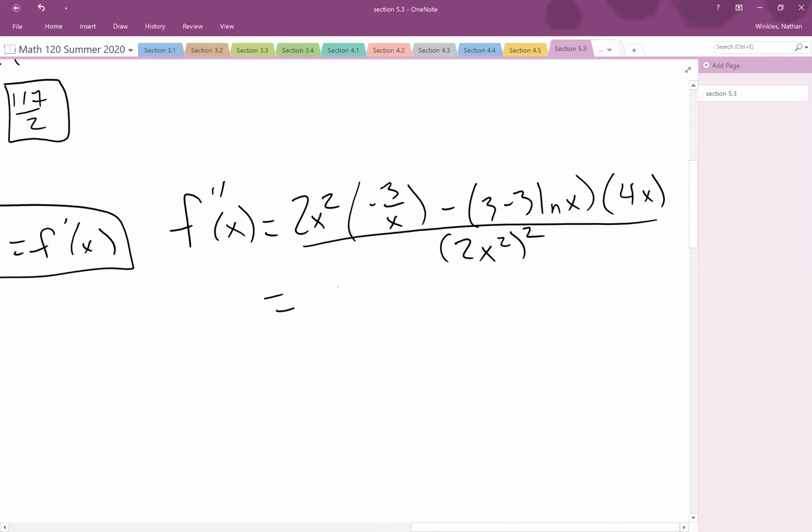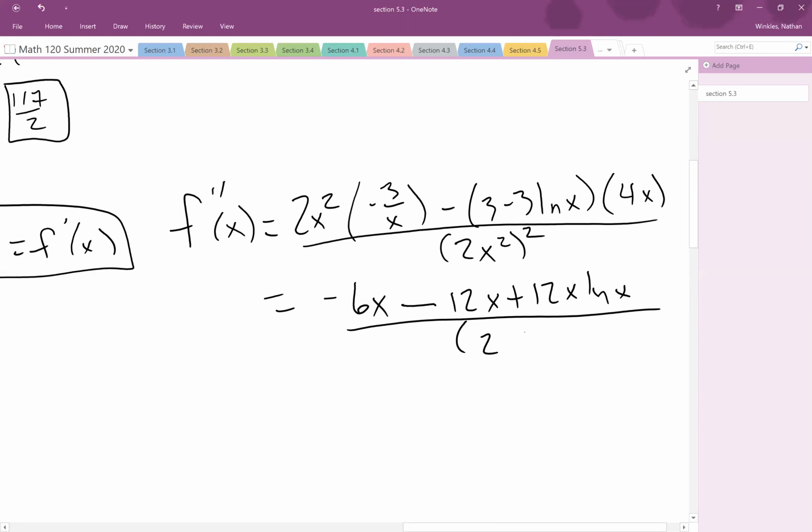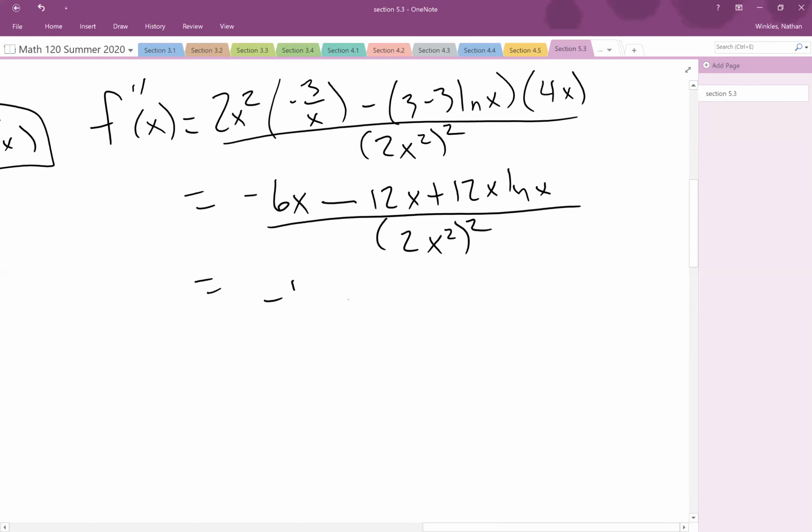So we get minus 6x minus 12x plus 12x ln x by multiplying out, over our 2x squared squared. This will give us minus 18x plus 12x ln x over 4x to the fourth.